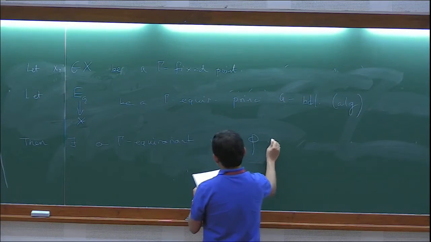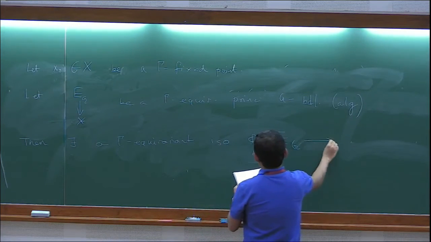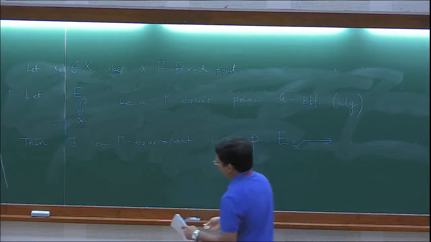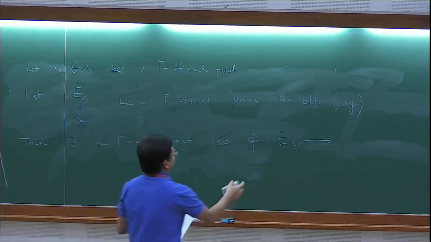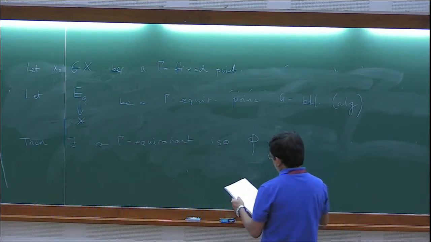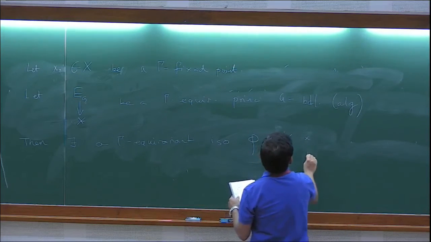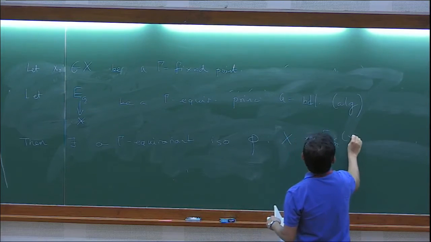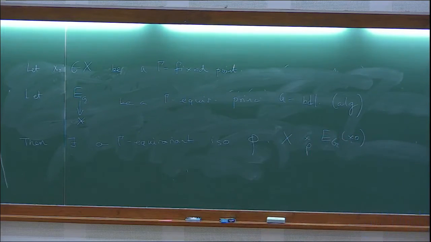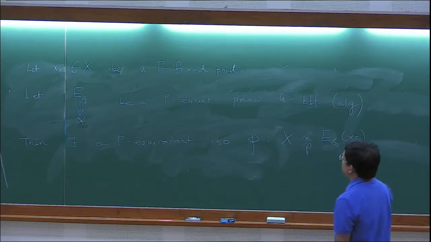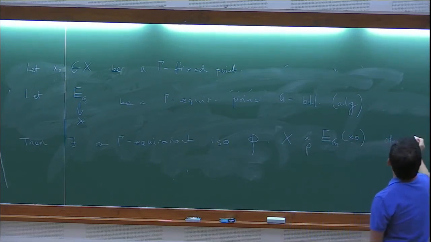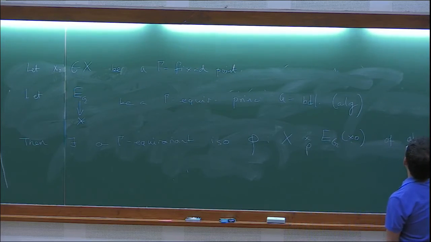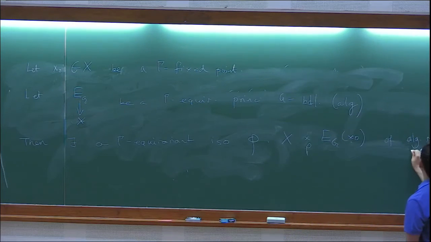Then there exists a gamma equivariant isomorphism phi, well, actually, I would like to write it the other way, from X cross rho to EG at x0, the fiber at x0. So a gamma equivariant isomorphism of algebraic principal G bundles.